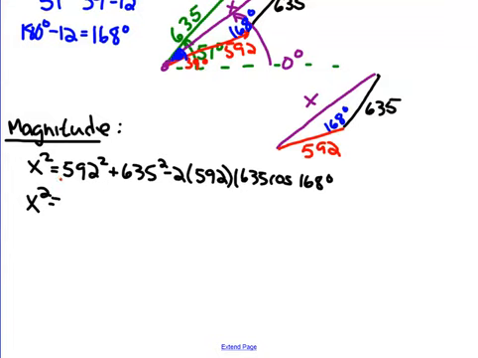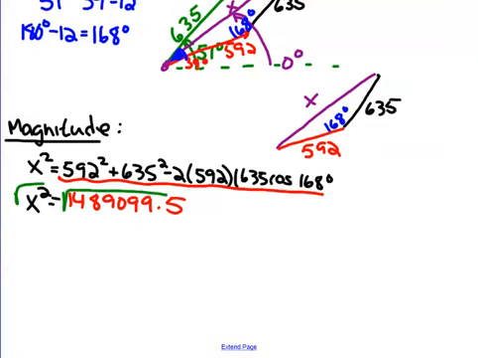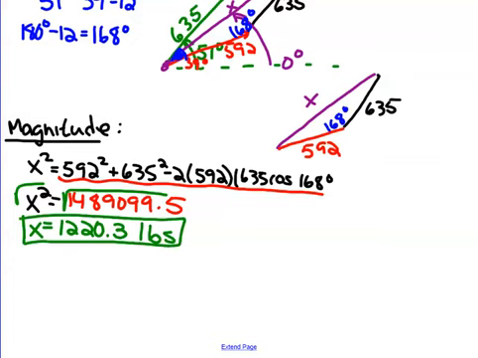I put this whole thing in the calculator, and we should get a big number. We'll take the square root. And that resultant vector now has a magnitude of 1,220.3 pounds. So the two trucks together, they're pulling two different directions, and this is the result.